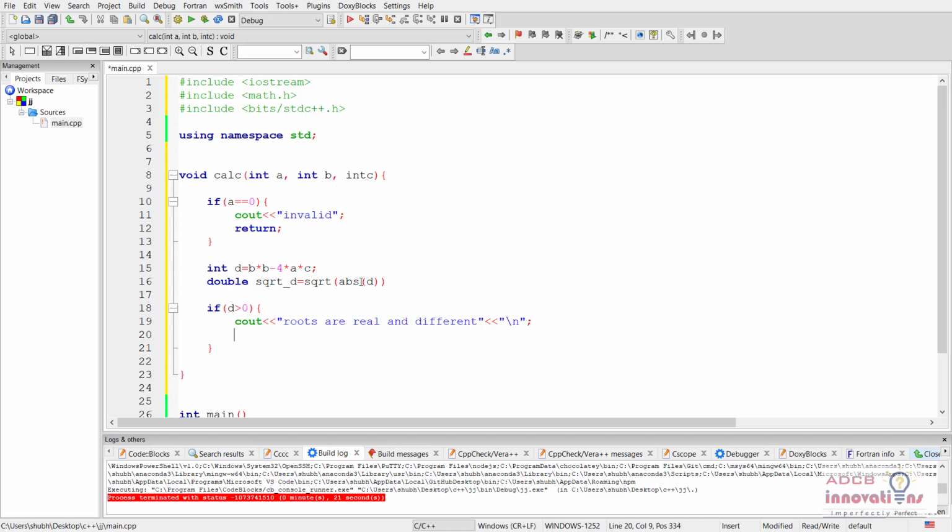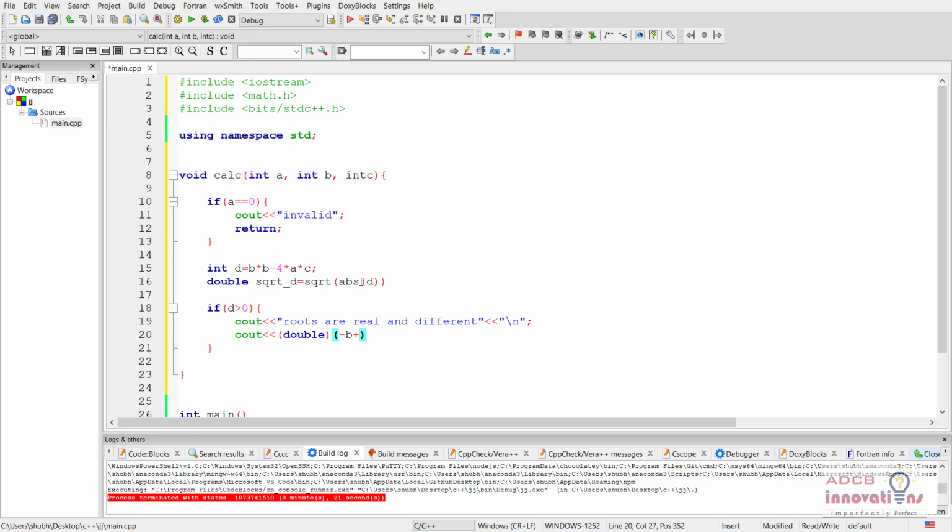So here we are going to write cout. Now we are going to write first of all double for the decimal values, and here we are going to put the formula, that is minus b. Now there are plus and minus, two values, that is minus b plus minus root d upon 2a.